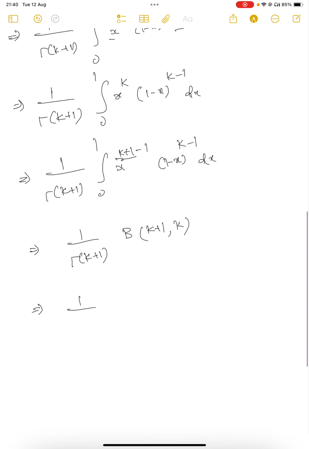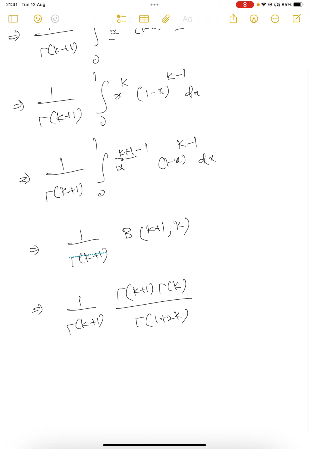That is 1 by gamma of k plus 1. Beta function of m, n is gamma of m into gamma of n by gamma of m plus n, right? That is here gamma of k plus 1 into gamma of k by gamma of k plus 1 plus k, which is 1 plus 2k.